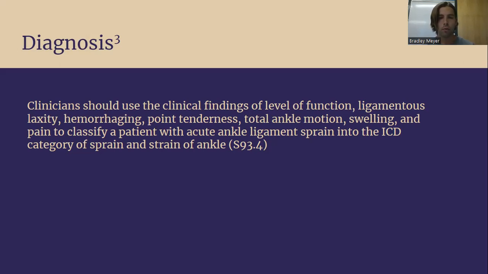Level of function, we'll get to in future slides. This article didn't explain too much how to assess for hemorrhaging, point tenderness, total ankle motion, swelling, and pain, but I could imagine you could use palpation, range of motion testing with a goniometer, circumferential measurements for swelling, and then any of the pain scales that we've learned to assess for pain.